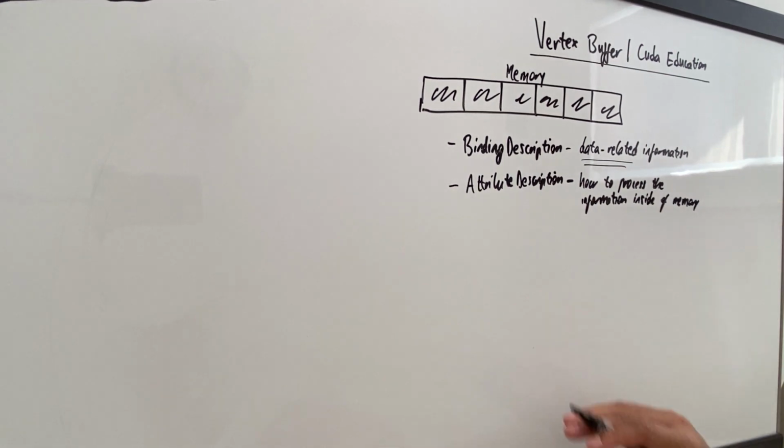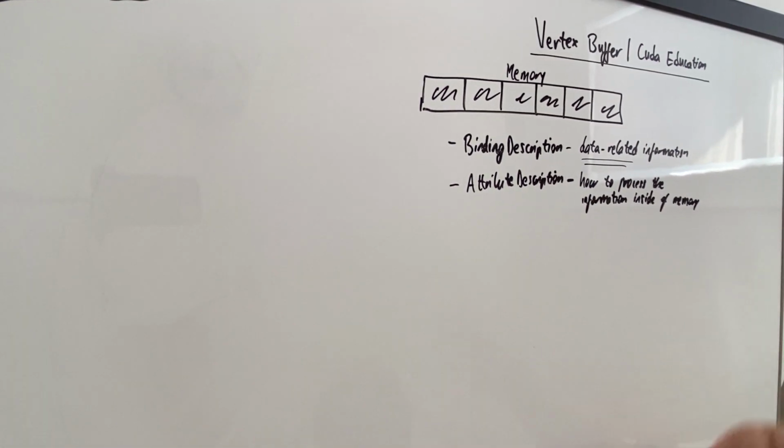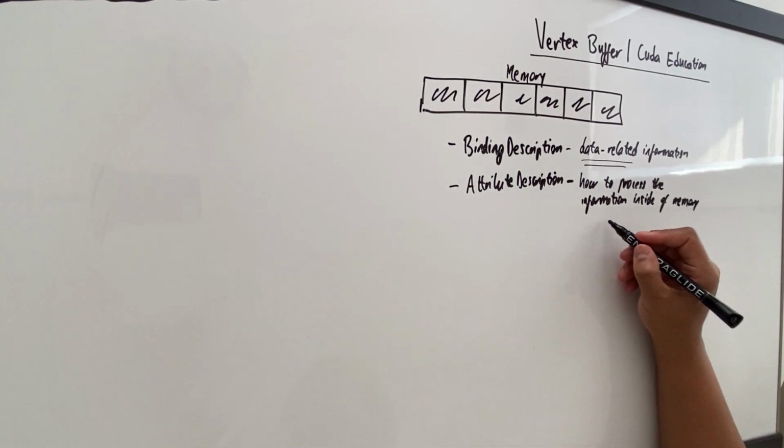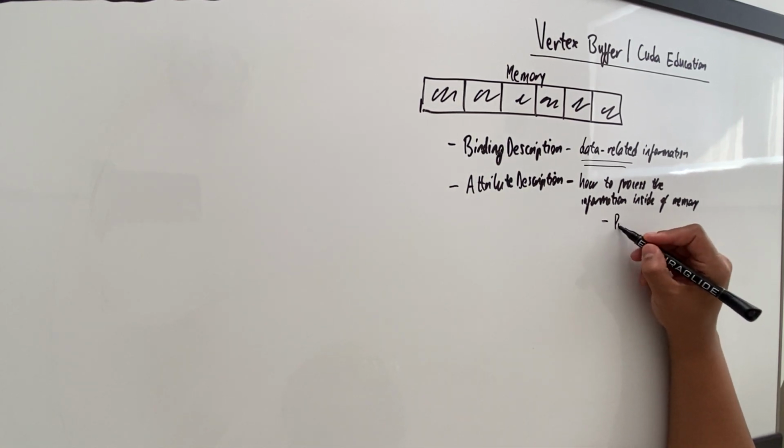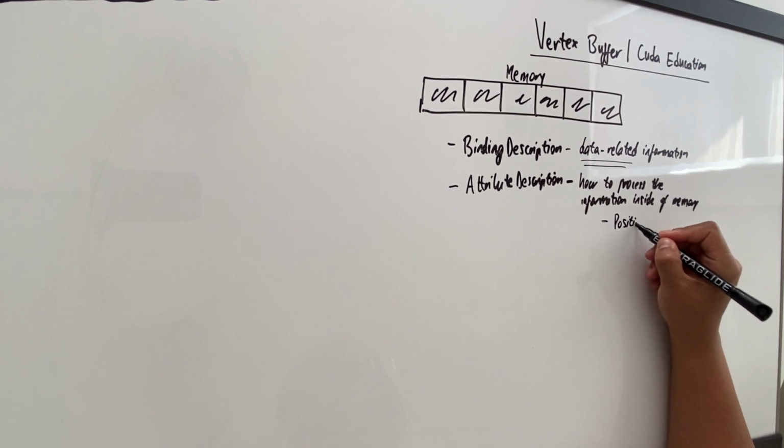In our case, there are two attributes that we work with. We work with position information, right?